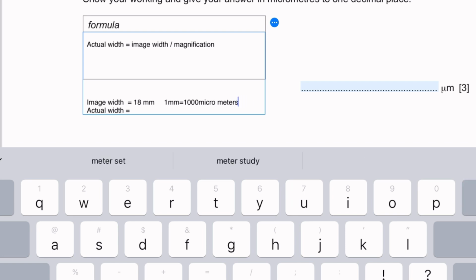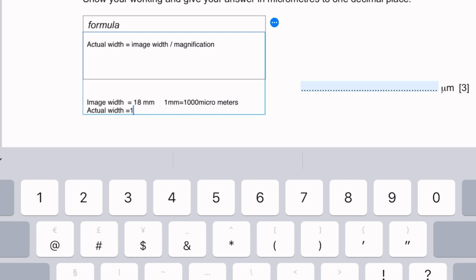Okay, so it will be 18,000, and make sure to write this down before just jumping into writing it in the formula. 18,000 divided by 4,275, let's see what we get.